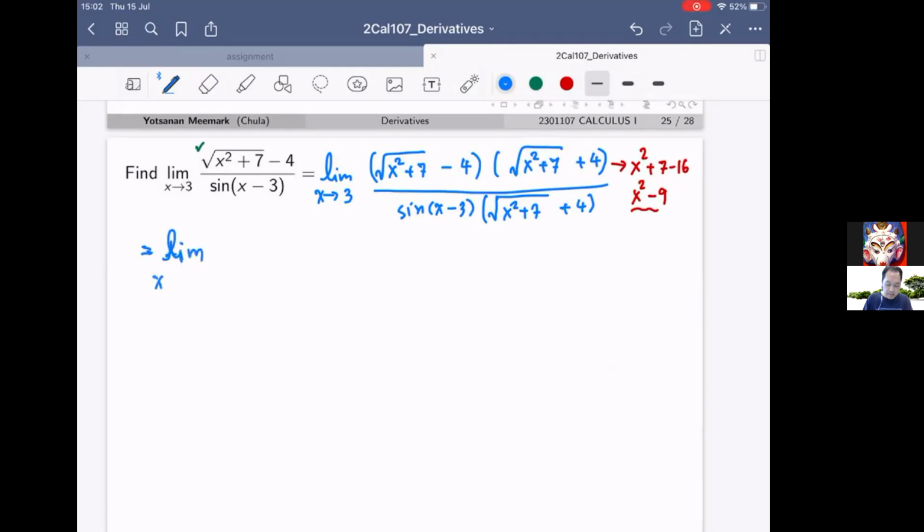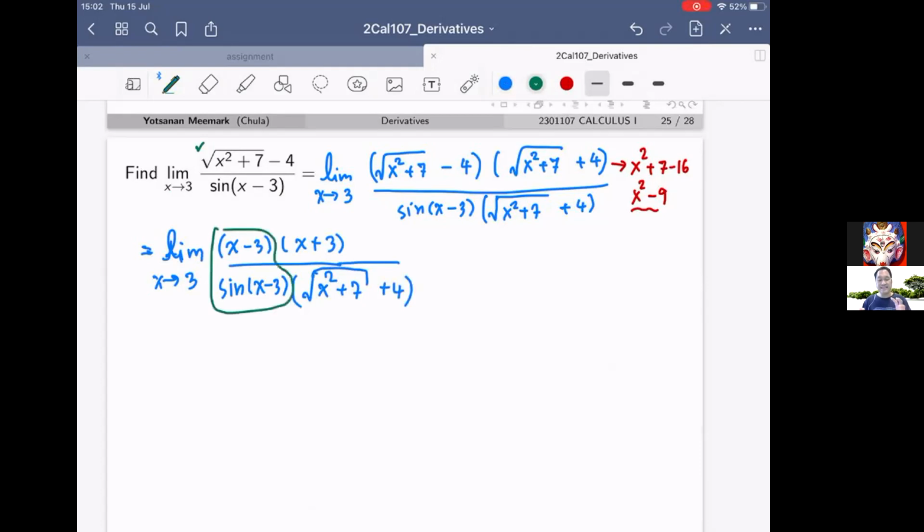So it will be the limit as x goes to 3 of x minus 3 times x plus 3 over sine of x minus 3, and then don't forget the square root, and then plus 4. So now here is not really a sine 0 over 0, right?